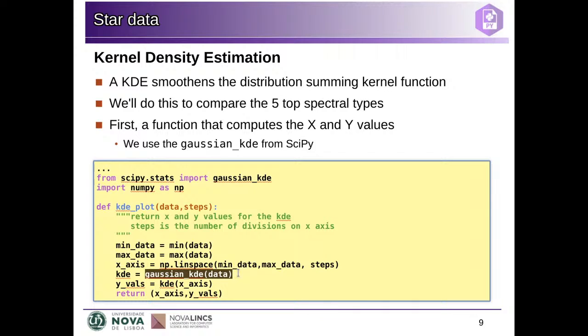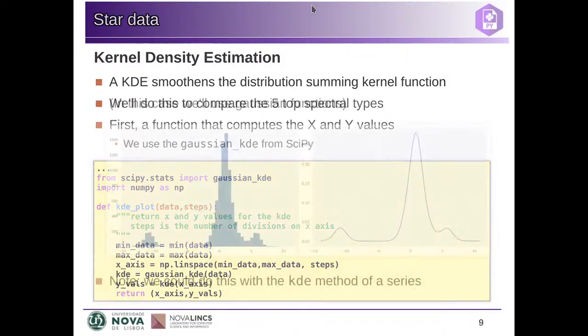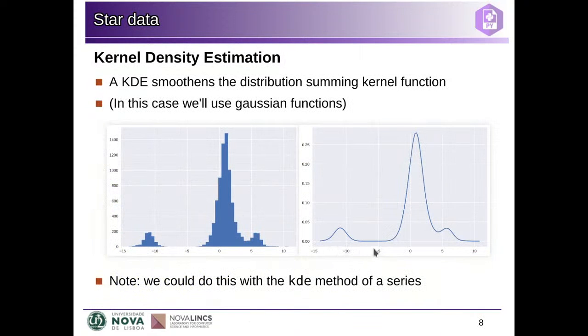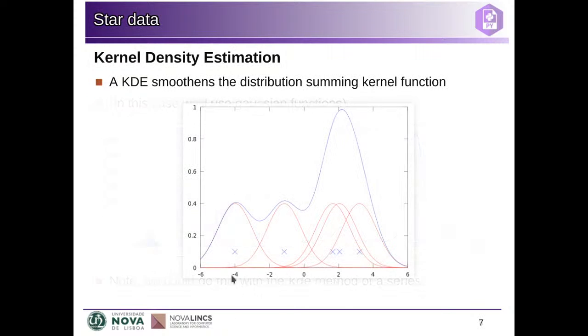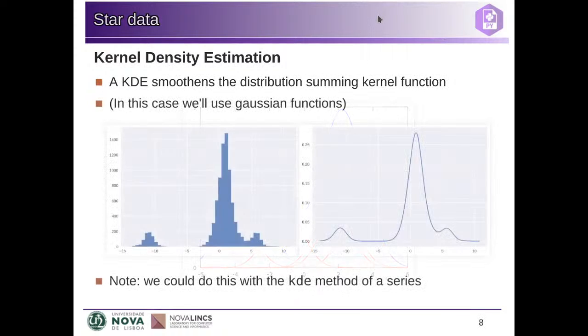So it returns a function that is created for mapping any input on the x value to the y value corresponding to the sum of these Gaussian curves. So we can ask for any x value, what is the sum of the different Gaussian curves, and it will give you the total value there.